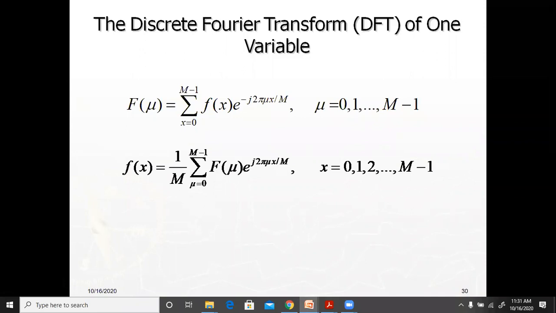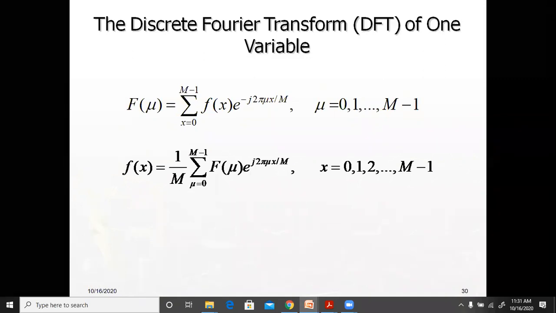So these are the discrete Fourier transform of one variable, but the representation might be a little different.